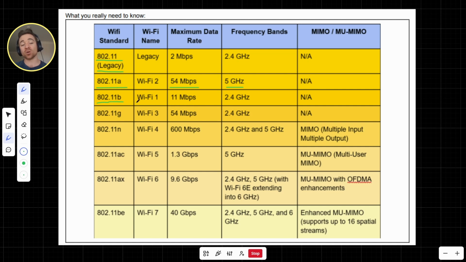It's otherwise known as Wi-Fi 1. It operates at 11 megabits per second and uses the 2.4 gigahertz frequency band. The next one is 802.11g, otherwise known as Wi-Fi 3. It has a maximum data rate of 54 megabits per second, and the 2.4 gigahertz band is what it uses.